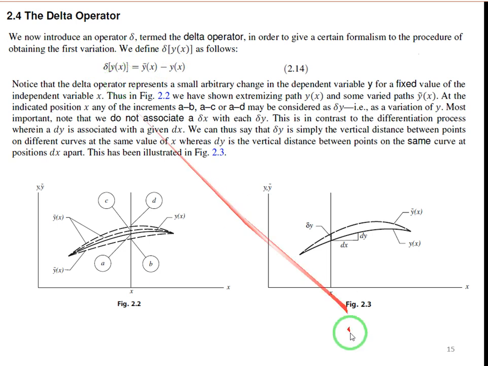I highlight it here, so you can read it here. A small arbitrary change in the dependent variable.